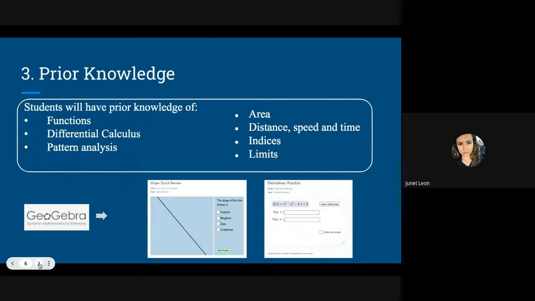For prior knowledge, as we begin working with integrals, it is beneficial to maintain students' proficiency with differentiation to support learning integration. Students will also need to have prior knowledge of functions, differential calculus, pattern analysis, area, distance, speed, and time, as well as limits. At this point in calculus, the students have been introduced to the big ideas.